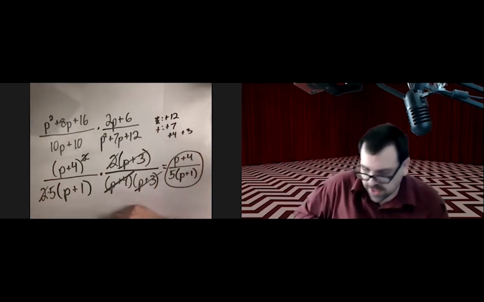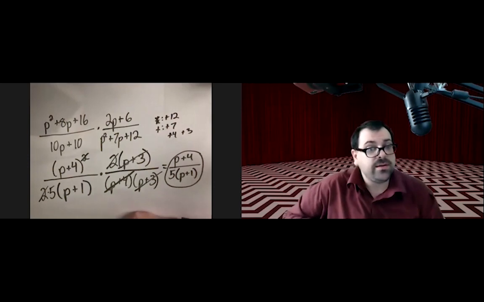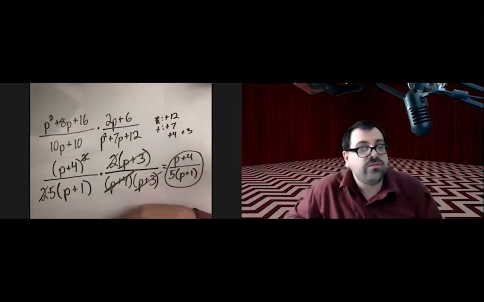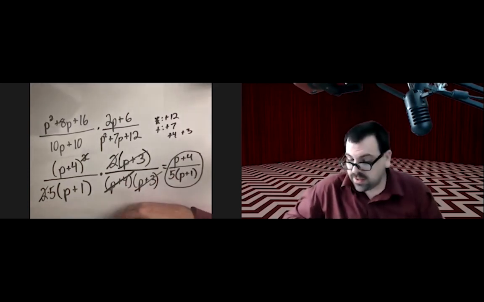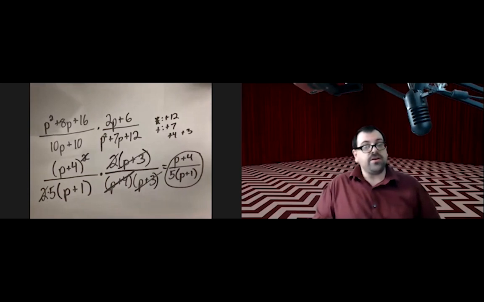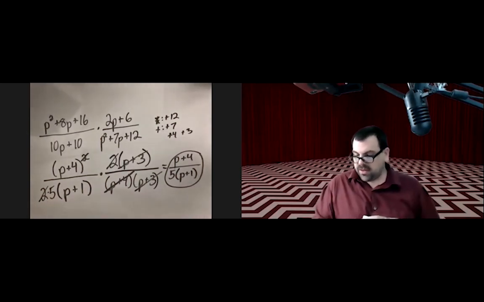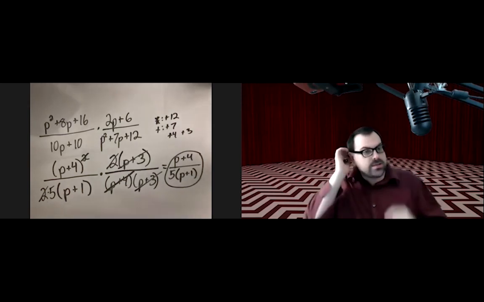Later on in a future lecture, we might have this equals something. And after simplifying, we go on to solve for p. Well, we would need to check our answer against the restricted values. Without all this work here to look back on, we wouldn't be able to see that -4 is a restricted value, that -3 is a restricted value.